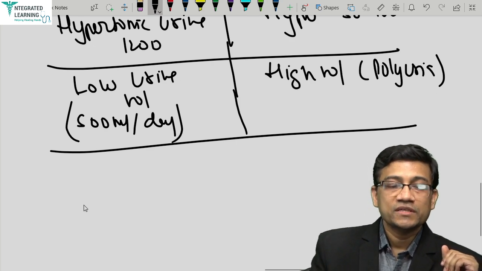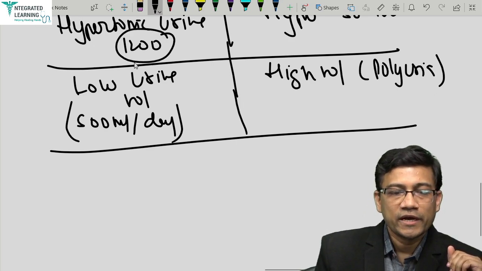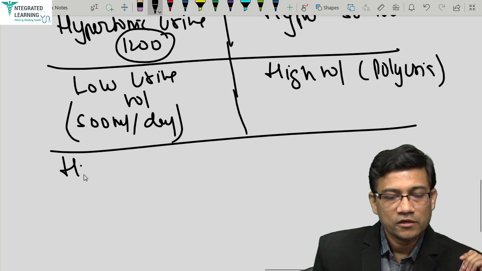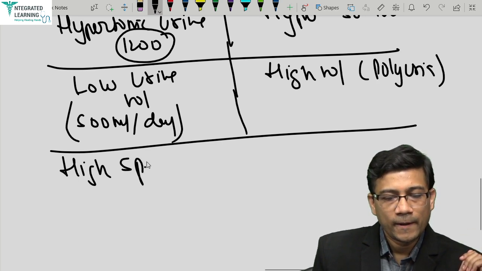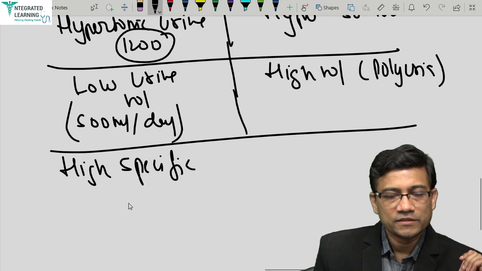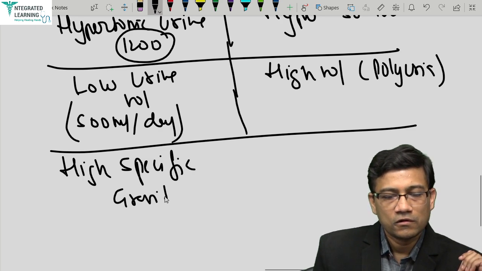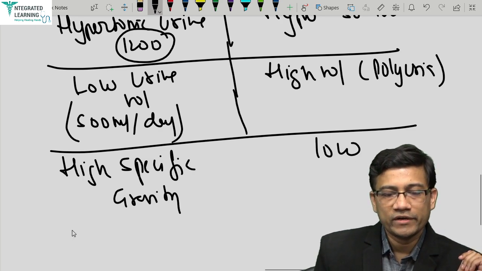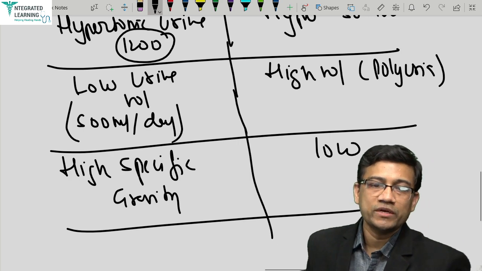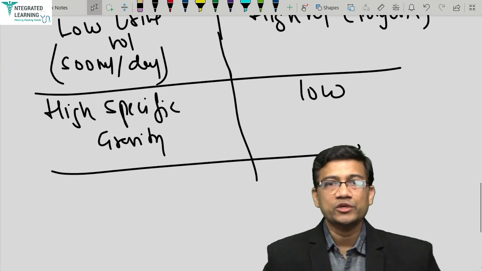And finally, since it contains high salts, it is hypertonic and also heavy. So high specific gravity, and here it will be low gravity. Why? Because of less salt in the urine, it will be a light urine in this case.